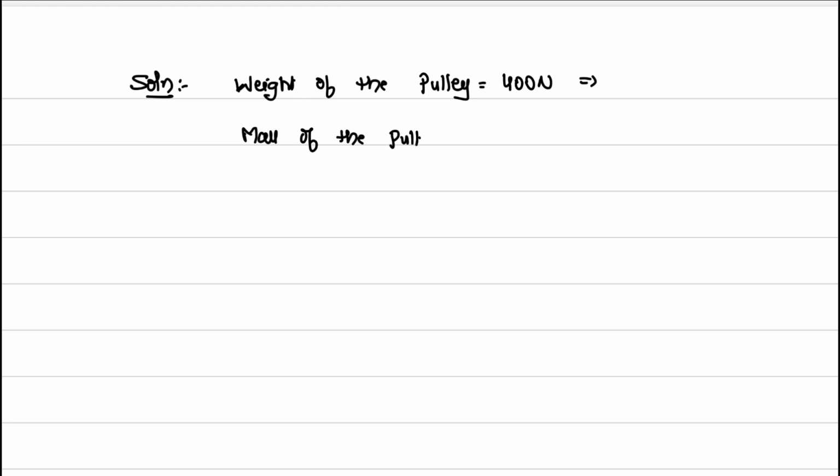Here, the weight of the pulley is given as 400 newtons. That means the mass of the pulley, M, is W by G, which is equal to 400 divided by 9.81.